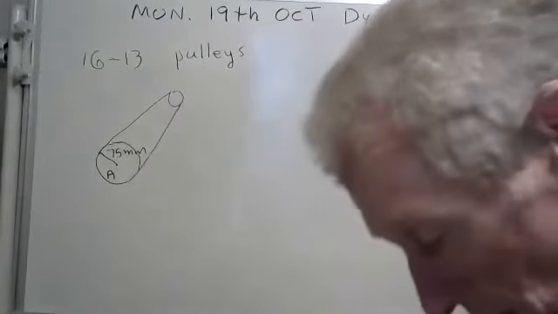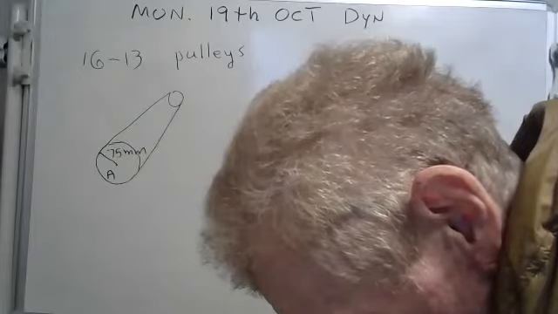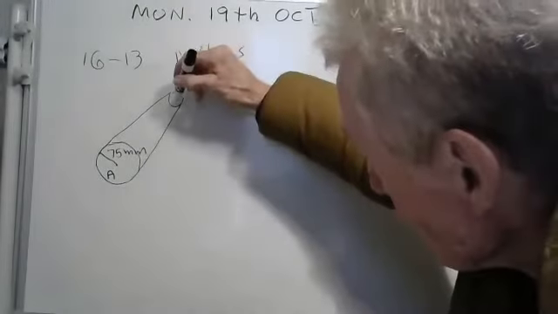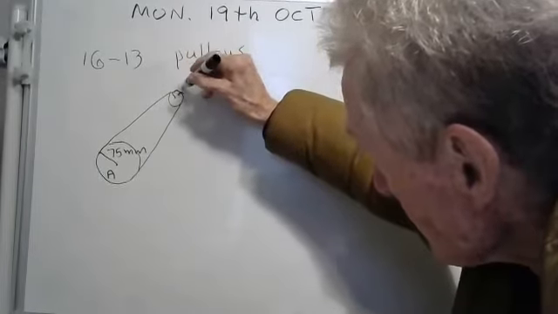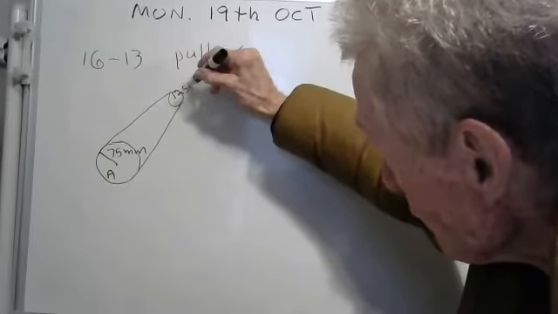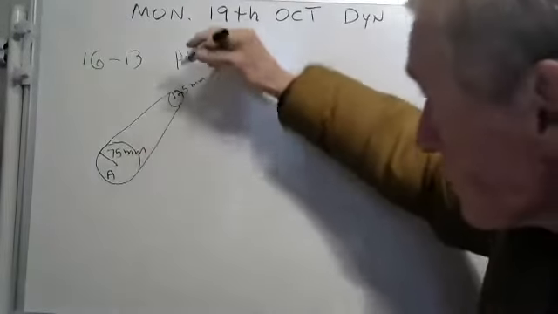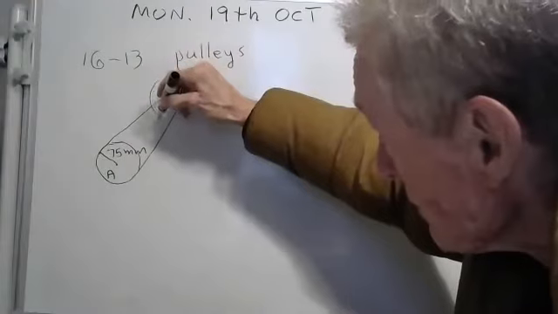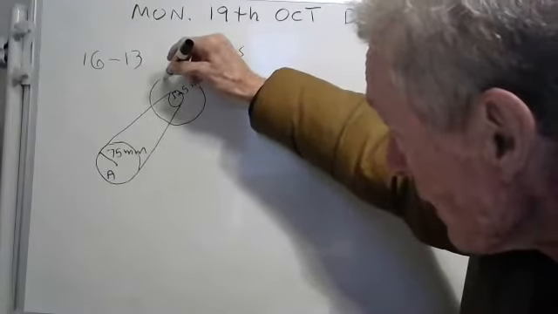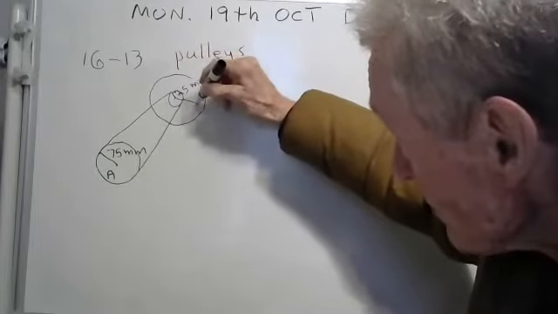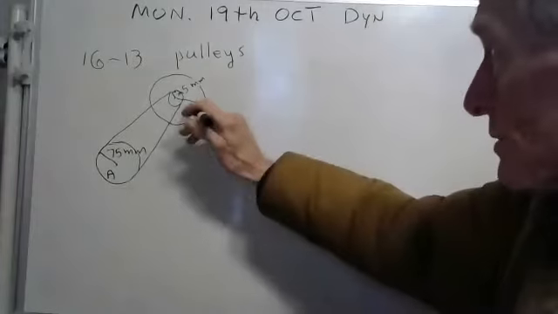See the belt? And it turns a little pulley that has a radius of 25 millimeters. And it's fixed or welded to a bigger pulley like that. And it has a radius of 100 millimeters.